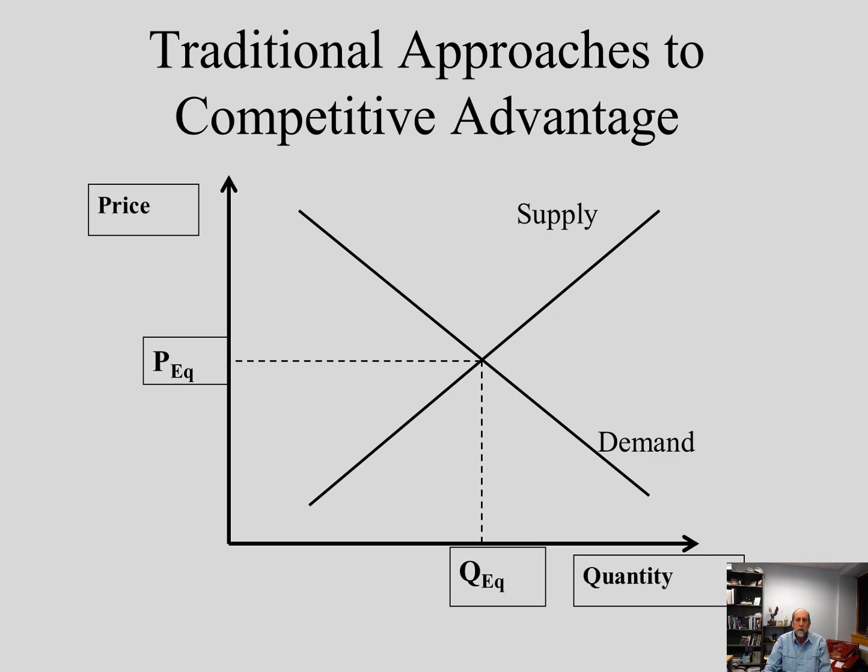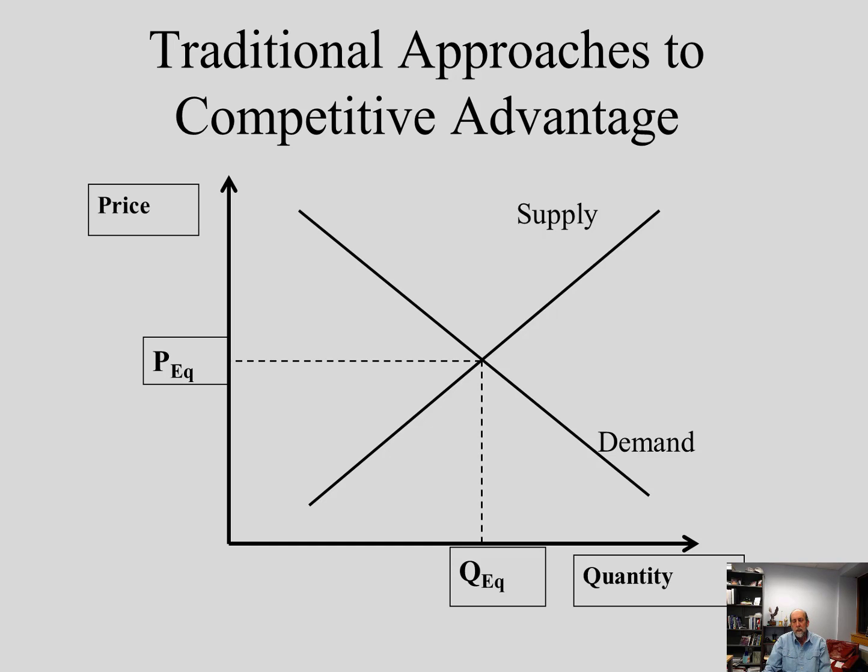We go back to supply and demand, and if you want to know where low cost and differentiation as advantages come from, they really stem just from this. If this is the traditional notion of a market at equilibrium, supply for the industry and demand for the industry lead to price and quantity equilibrium positions.